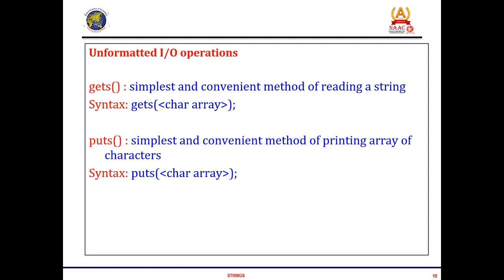And apart from this, you have the unformatted output function for strings, which is carried out with the help of a library function called puts, which is the simplest and most convenient method of printing an array of characters. The syntax resembles that of gets: you have puts followed by a character array. Let us try to understand both these unformatted operations with the help of an example.